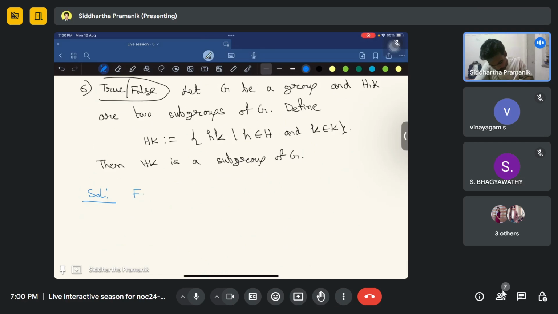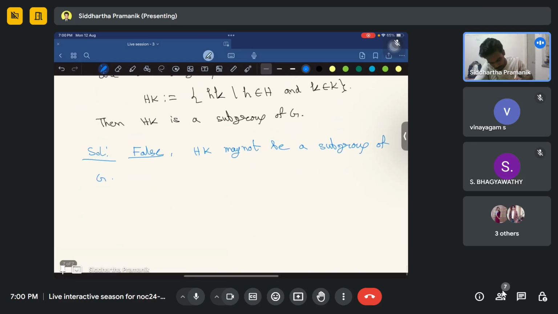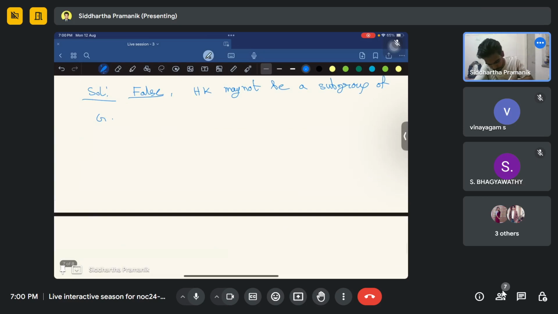So the answer is it is false. That means HK may not be a subgroup of G always. So let's see one example. In the lectures you have seen the group S3, right?